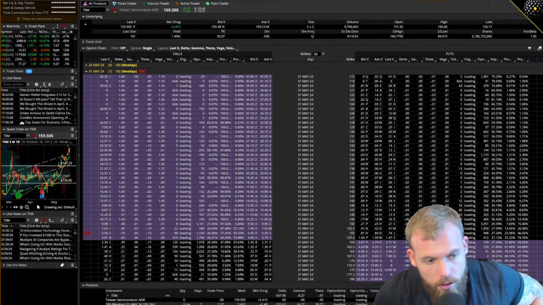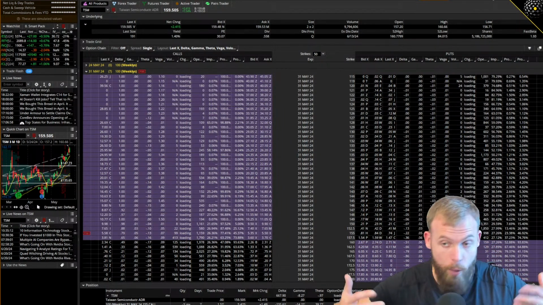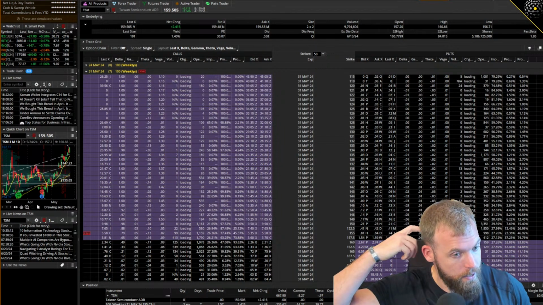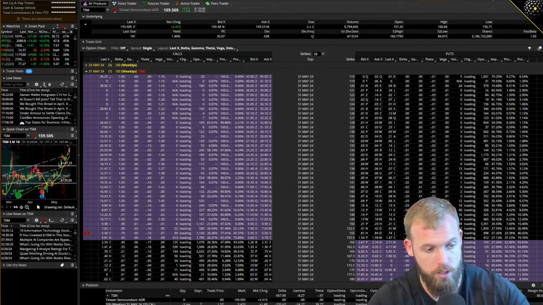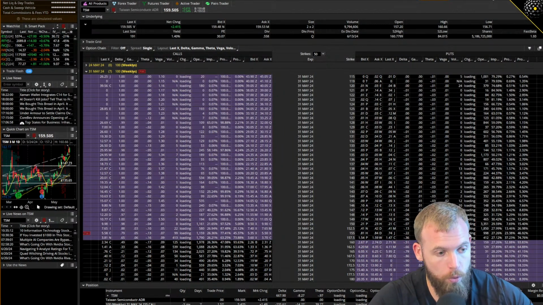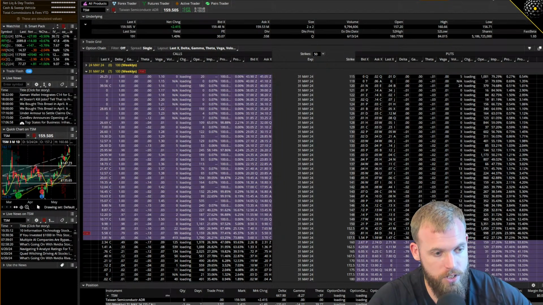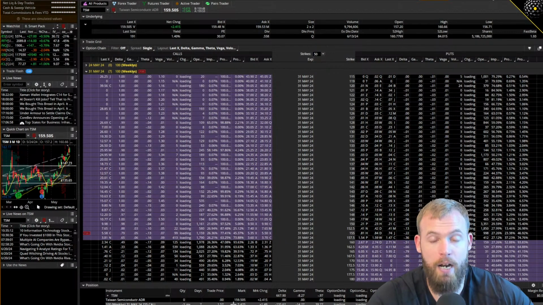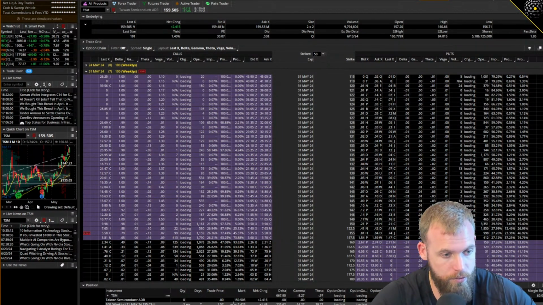Cool. And so this is where we might choose to roll. What's going to happen in this position? I would have sold these to open for $1.57. When I'm rolling this trade, I'm buying them back for $5.43, and I'm realizing the P&L for that trade.